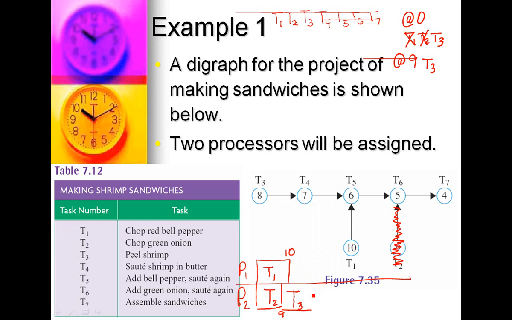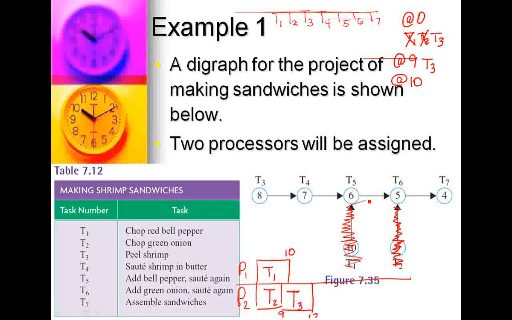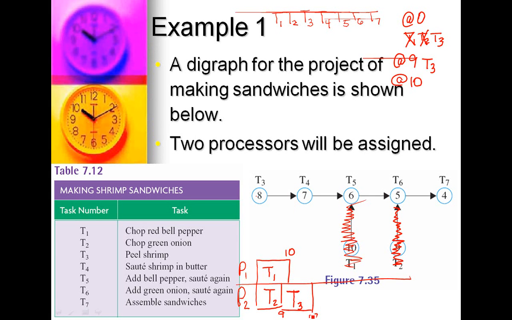Alright, T3 has a length of 8, so that brings us out to 17. Now at our 10-minute time slot, at 10 minutes, 1 and 2 are complete. Notice we don't have any ready task. Our ready task would be T3, but it's already scheduled, so we have none.